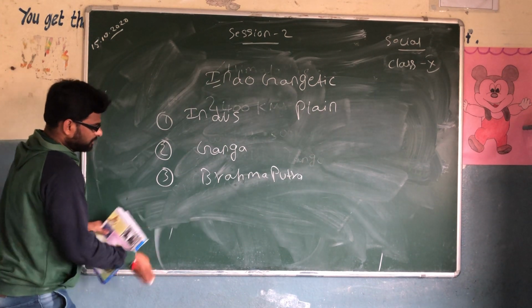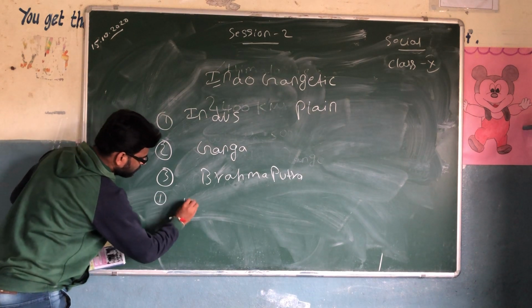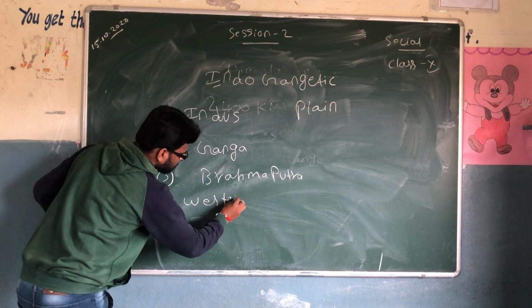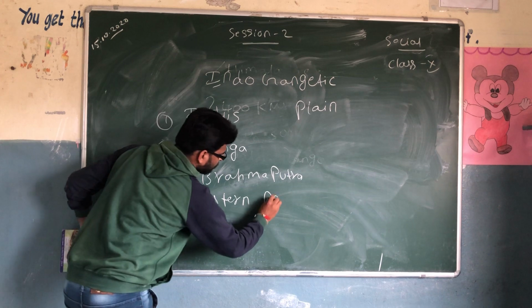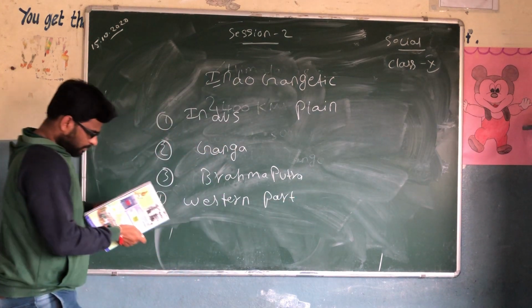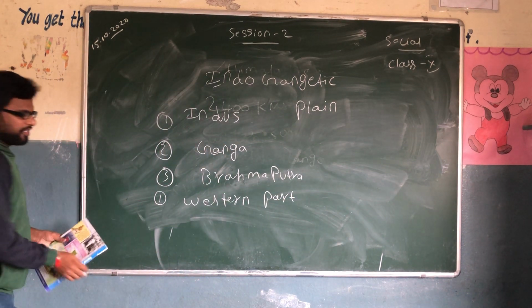That is, one, western part, second, central part, and third, eastern part.